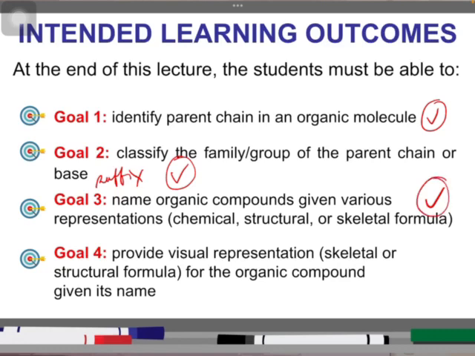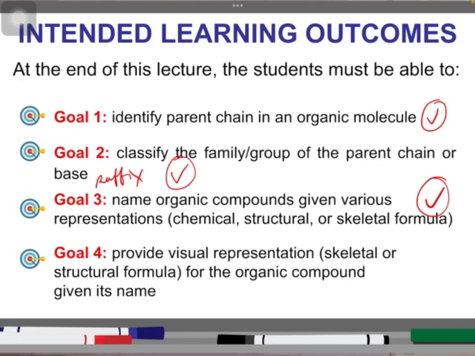But you should always know how to name when it is a condensed structure. But with condensed structures, it is very challenging to see the connectivities of each carbon and the atoms. Goal number 4, we did not really accomplish, but this is just a reverse of the rules that we discussed here.